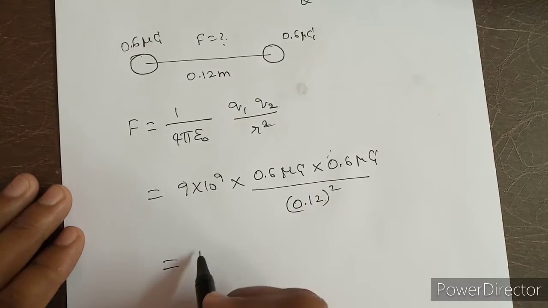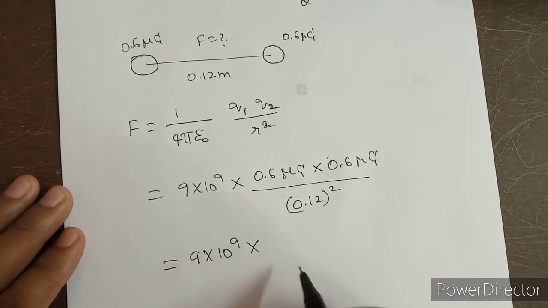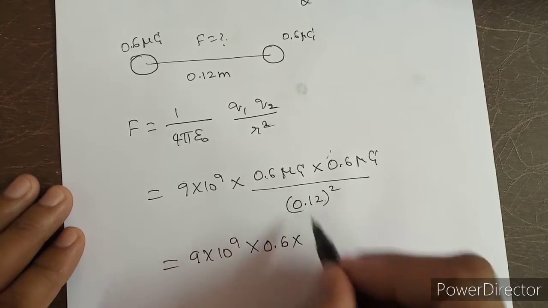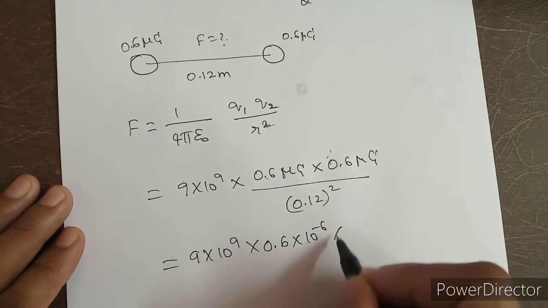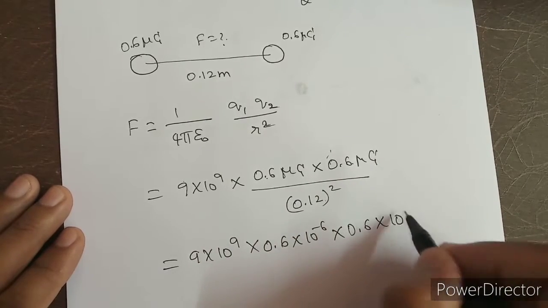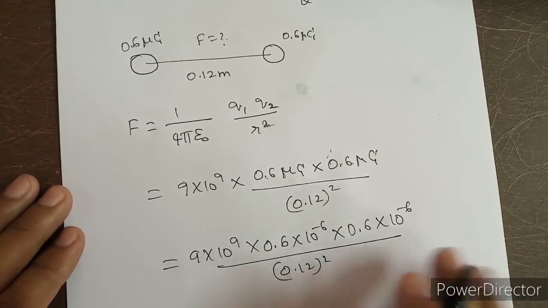So that is equal to 9 into 10 to the power 9 into 0.6 into micro 10 to the power minus 6 into 0.6 micro 10 to the power minus 6 divided by 0.12 whole square.